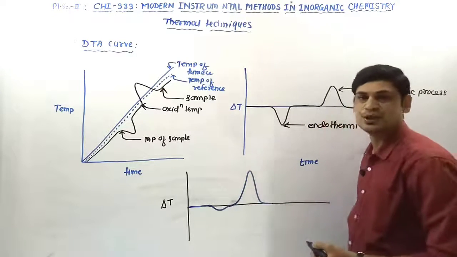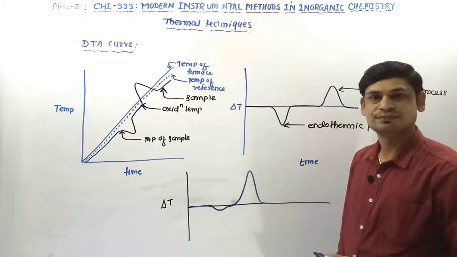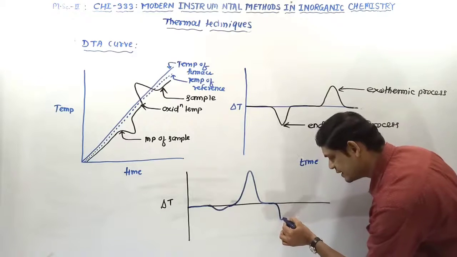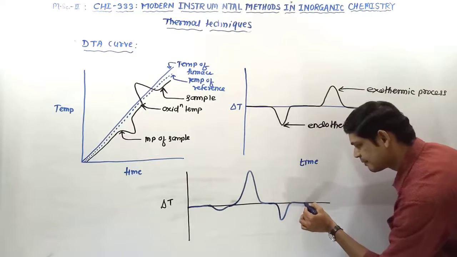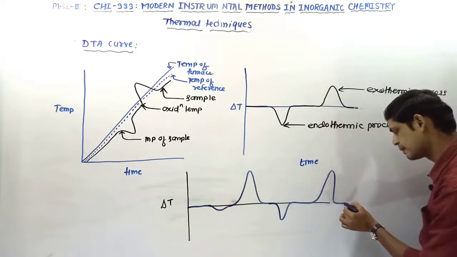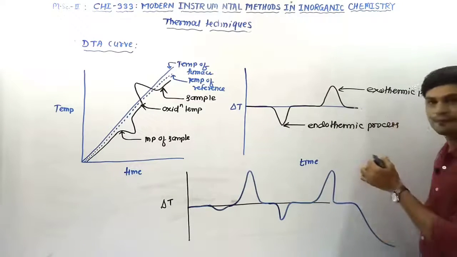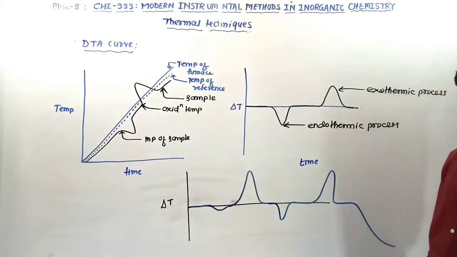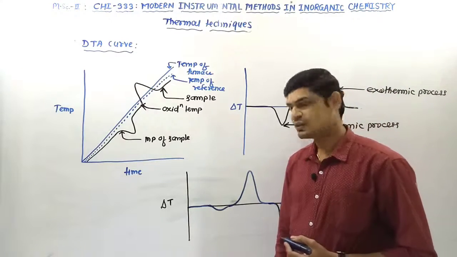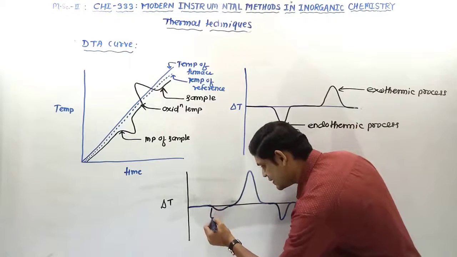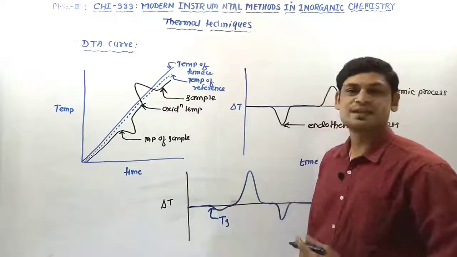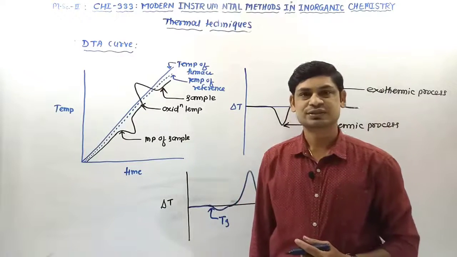You will get a corresponding curve over here. After that, again decreases. In this case, what is this? This is nothing but what we call Tg, the glass transition temperature.